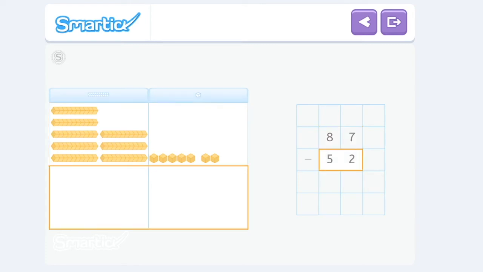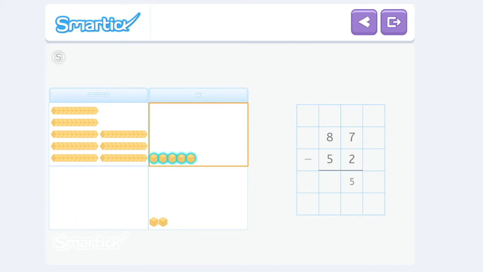Now we will look at the amount that we need to take away, which is 52. We can start subtracting. We start with the units, as always. 7 minus 2. We take away 2 units by dragging them into the box below, and we write down how many we have left. 5. 7 minus 2 is equal to 5. Then we move on to the tens. 8 minus 5.